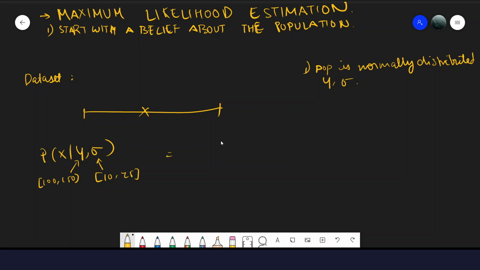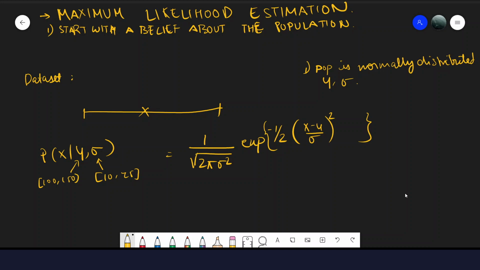The probability density function for the Gaussian distribution is given by 1 by under root 2 pi sigma square, times exp minus half into ((x minus mu) by sigma) the whole square. This is the function for the Gaussian distribution.